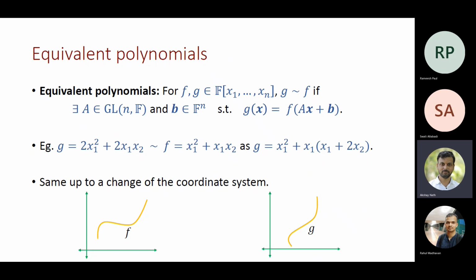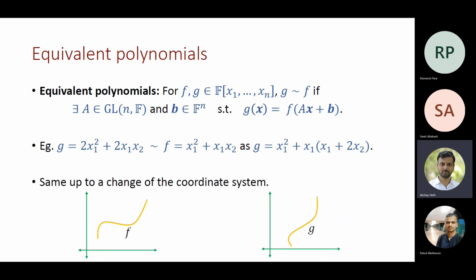Then we say that g and f are equivalent to each other if there exists an invertible matrix A and a translation vector B, so that g can be obtained from f by evaluating f at Ax plus b. So g can be obtained from f by replacing the variables x1 to xn by affine forms L1 to Ln, so that the linear parts of L1 to Ln are linearly independent. Now it's easy to see that if g is equivalent to f, f is also equivalent to g. So this is an equivalence relation.